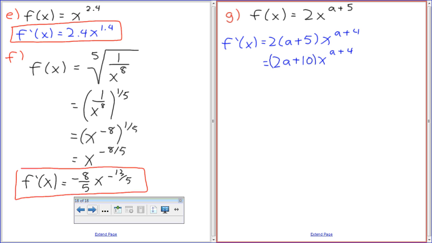Correct? Good? Question. When you put the whole 2x to the a plus 5 in brackets, is that because of the exponent? The exponent is just subtracted by 1.